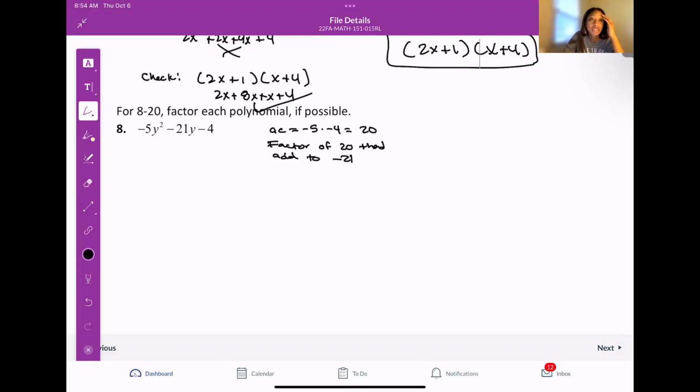So that already tells us that we want negative factors because we need a -21 in the middle. The ones that will work: obviously 20 times 1 would be 20, but -1 times -20 also works. Those are the two that we need. So we are going to break that 21y in the middle up as -y minus 20y.